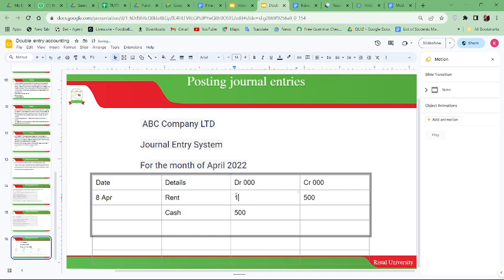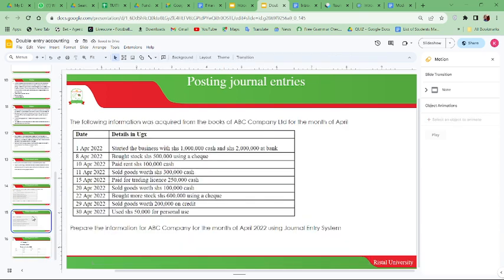The rent is gaining, increasing by 100, and then the cash is reducing by 100. So under your description, you put paid rent using cash. That is under your description.